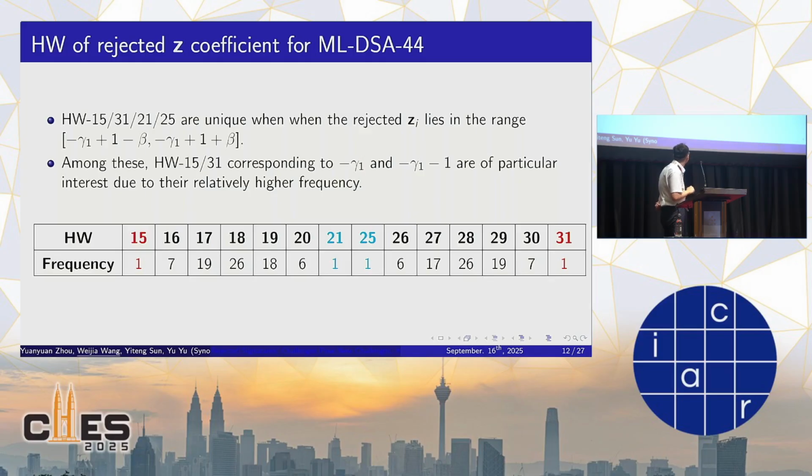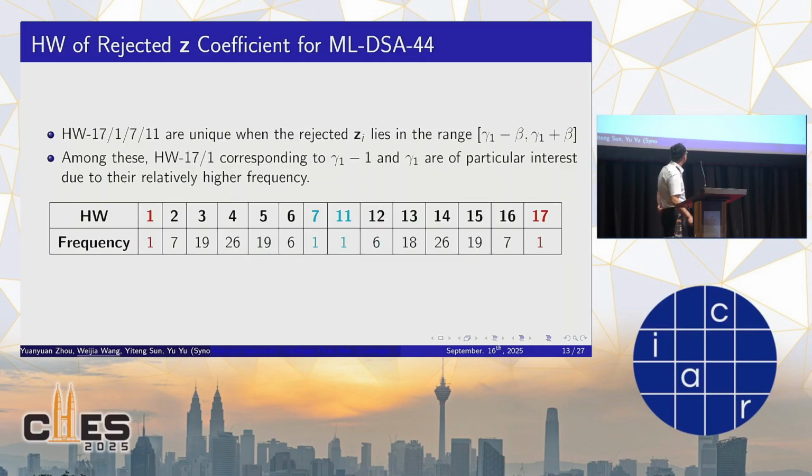Among them, the Hamming weights of 15 and 31, corresponding to minus gamma 1 and minus gamma 1 minus 1, are of particular interest due to their relatively higher frequency. So these two Hamming weights are unique.